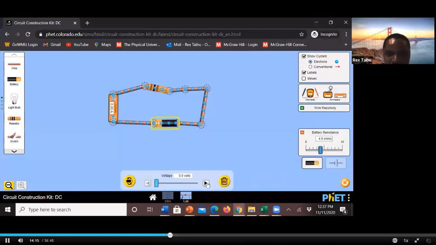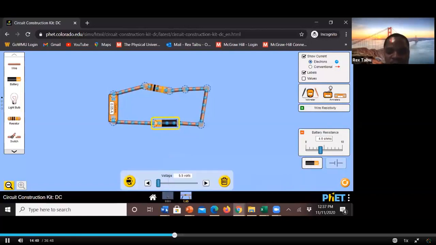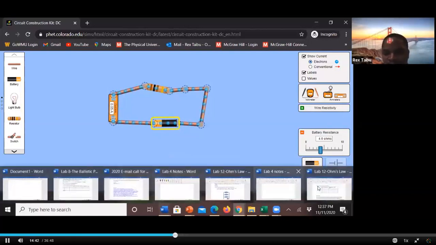I start from nothing. 1, 2, 3, 3.5 is here. Then the current is 0.03. Then click here, increase the voltage, and take note of the current. So it will be voltage, current, voltage, current, until you finish the table, which is available right.